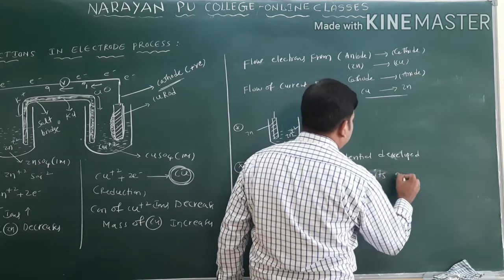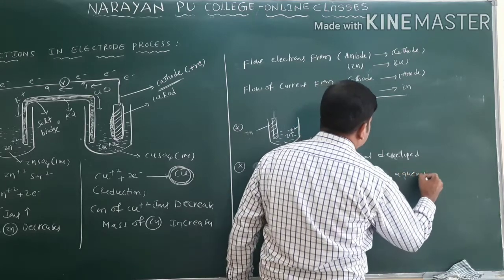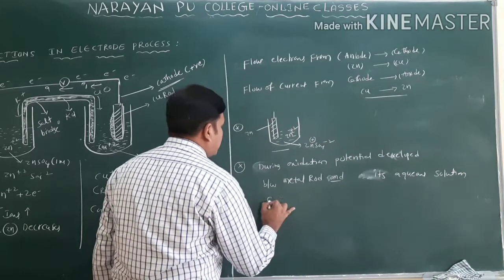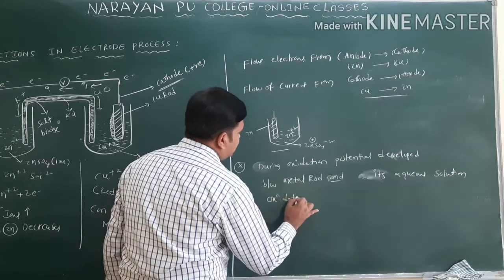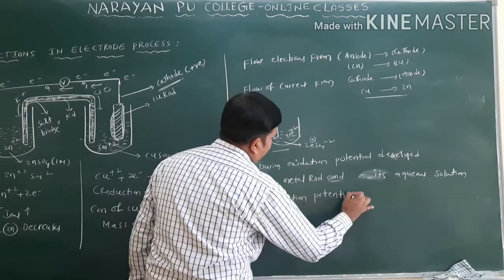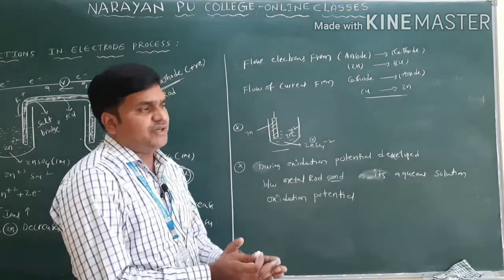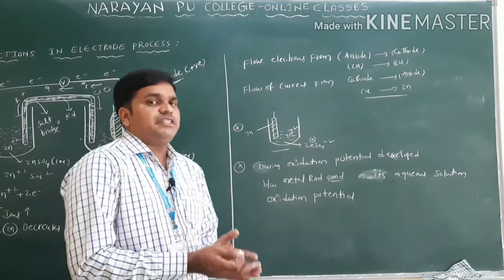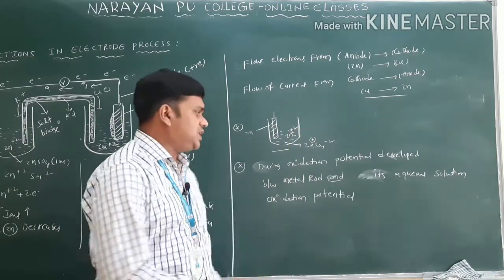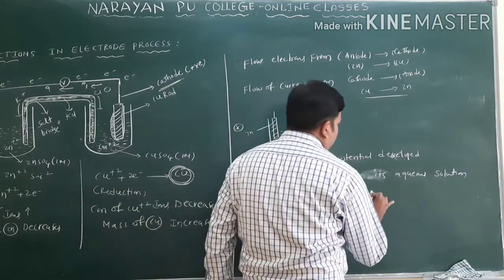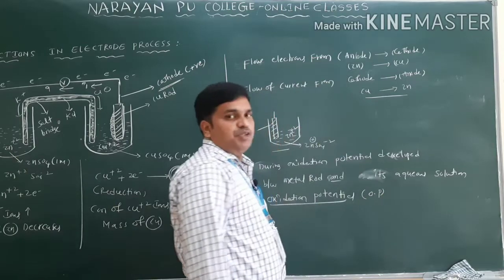Metal rod and its aqueous solution. This is called the oxidation potential only. Oxidation potential is the potential difference between the metal and the metal in its aqueous solution. This takes place in the oxidation process. This is called oxidation potential. Simply you write OP here. What is OP? Oxidation potential only.